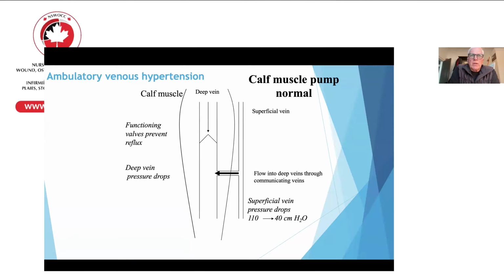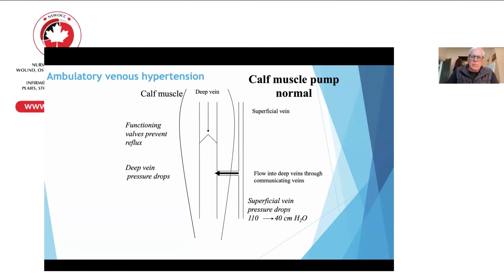And when you contract the calf muscle, it squeezes the deep veins, which pushes the blood out of the leg. And then when the muscle relaxes, the valves, which are bivalve, their leaflets join and they stop the blood from refluxing back down into the deep veins lower in the leg. That then allows the pressure to drop.